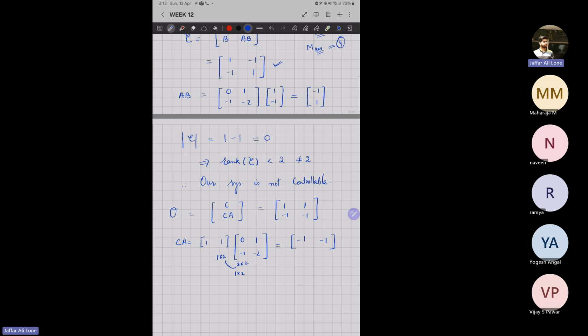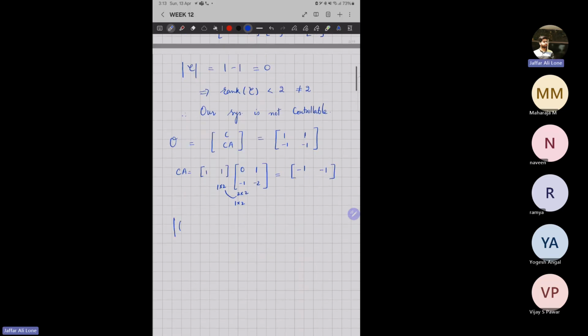So therefore, let's check the determinant of this matrix, mathcal O. Determinant of mathcal O, it's -1, minus plus 1. It's again equal to 0. It's less than 2, or it's not equal to 2. Therefore, my system is unobservable.